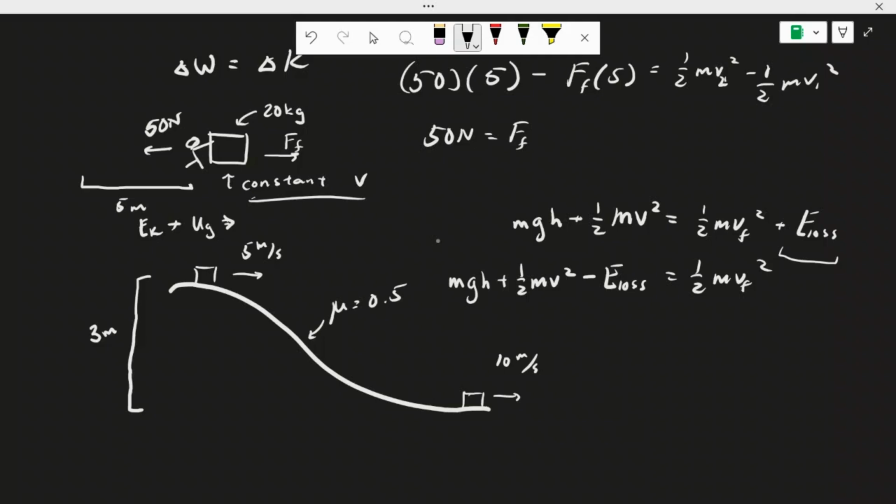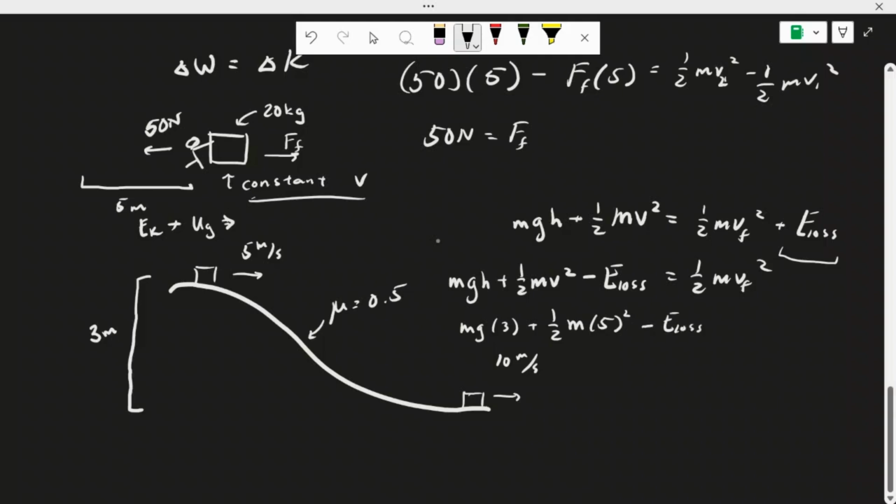So now we're going to try and solve for our energy loss. And so I know that mgh, this will be mg3, plus 1/2 m, this is 5 squared, minus E loss is equal to 1/2 m 10 squared.